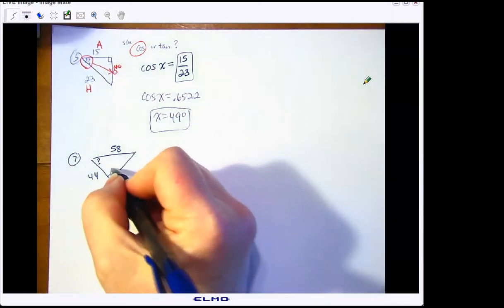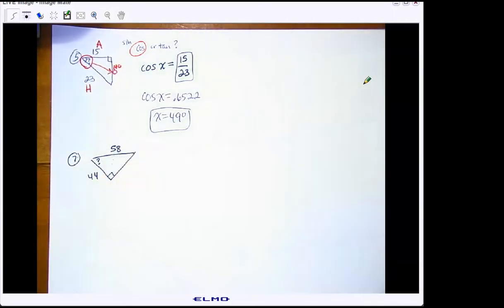The side opposite my right angle is my hypotenuse. So I know it's not tangent. Now I just have to figure out, is it sine or is it cosine? Okay, good. So I do know it's going to be cosine.